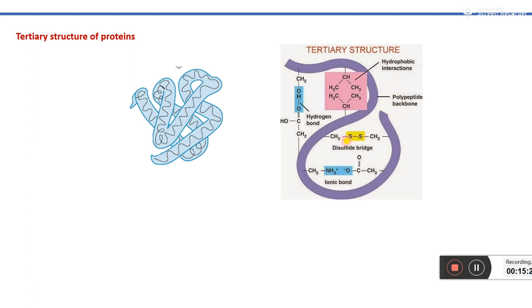The tertiary structure of protein is the arrangement of secondary structure into this final three-dimensional shape. So tertiary structure proteins are generally functional proteins, and almost all the enzymes have tertiary structure of proteins.